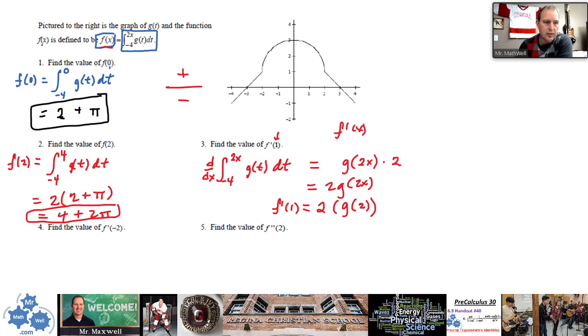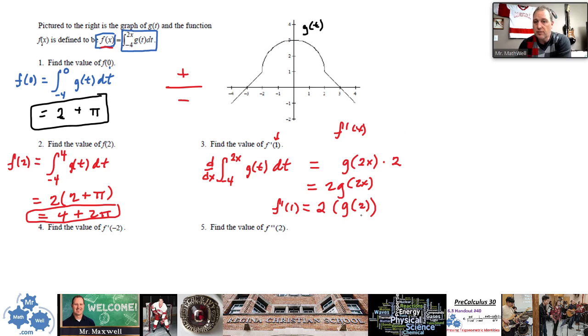g of 2. Okay, so where is our g? Well, g is what? G is the integrand here. Okay, so if I took the derivative of f of x, I would have g, right?